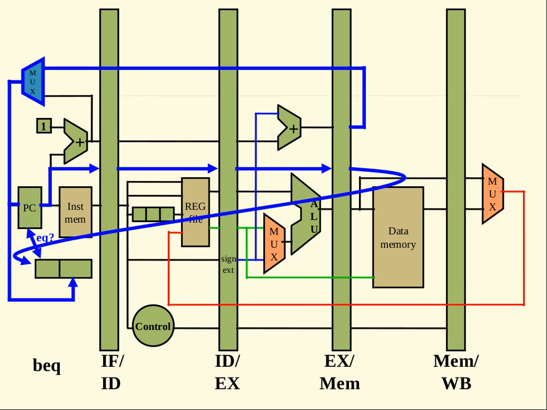The question is, if the branch is taken, how do we know what the next PC is? It's branch, then it's PC plus 1 plus offset. Unfortunately, that may take too long to calculate circuit-wise.